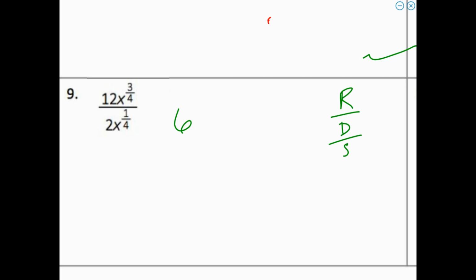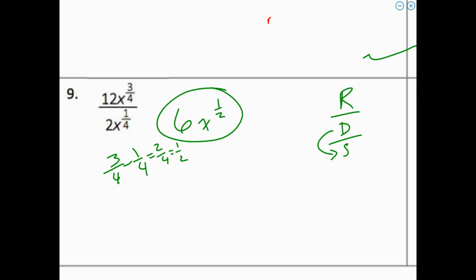You're subtracting them, because I'm making my numbers smaller on that ladder, right? So 3/4 minus 1/4 is 2/4, which is 1/2. So x to the 1/2 power.